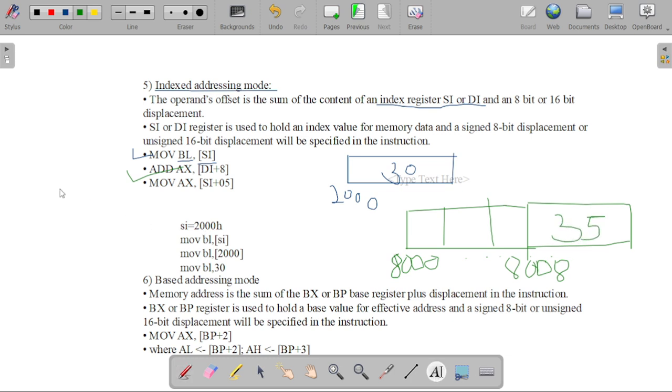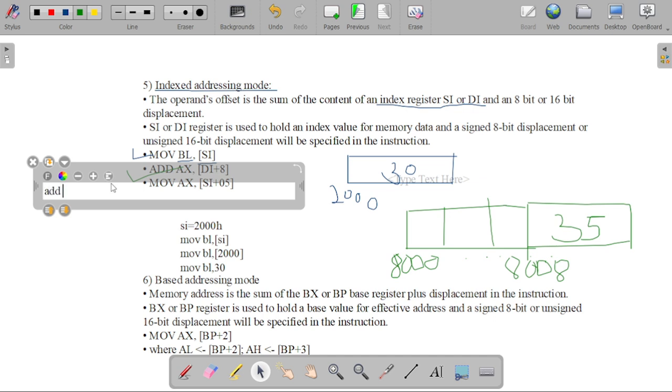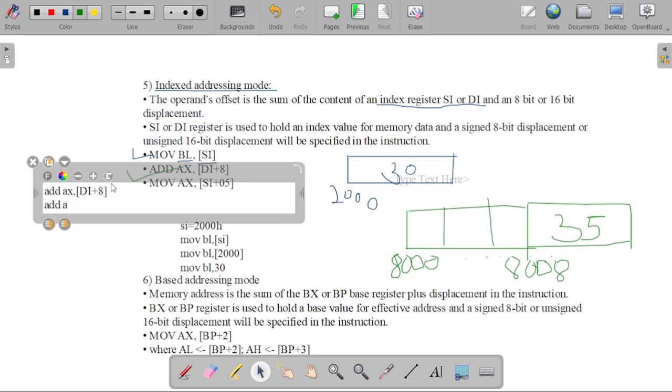And whenever you are writing this ADD AX, [DI plus 8], that time they are taking the value from the DI register, and our DI consists of the value 8000. Suppose you consider here DI consists of 8000.